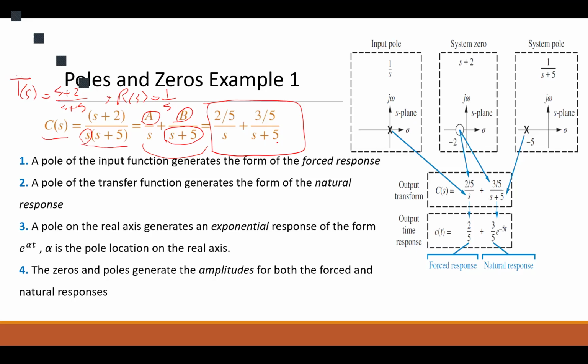The zeros of the denominator here are -5 and 0.